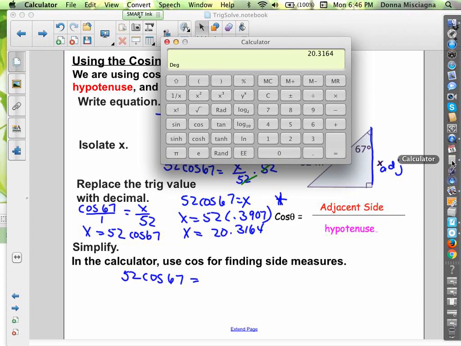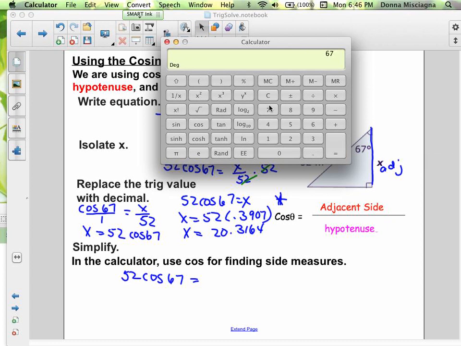So I can check that cosine ratio, make sure I write down the right value when I hit the calculator. So we have 67 cosine. Notice 0.3907, we wrote that down, right? And then times 52.